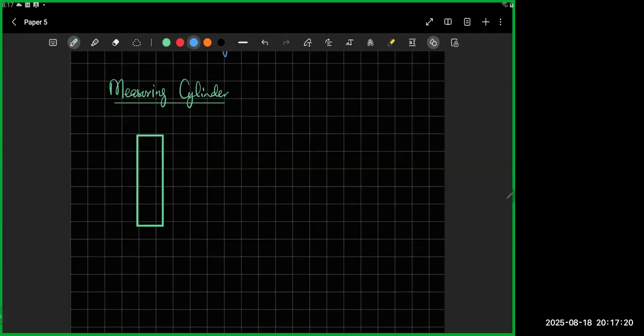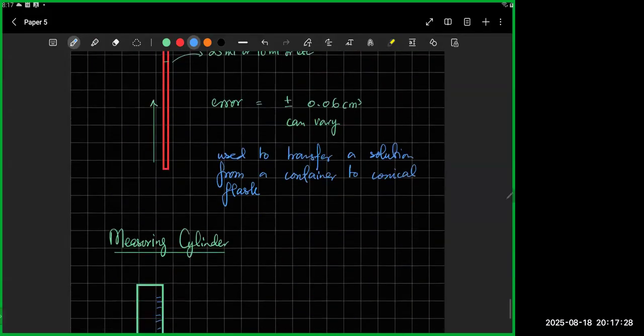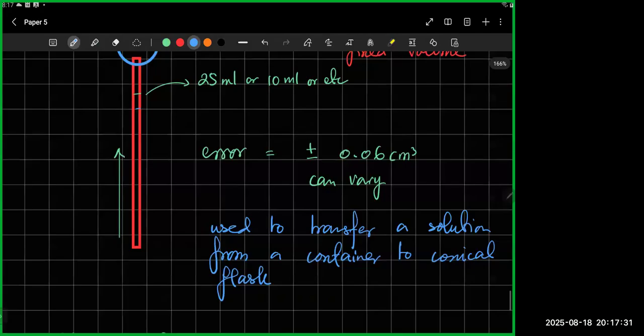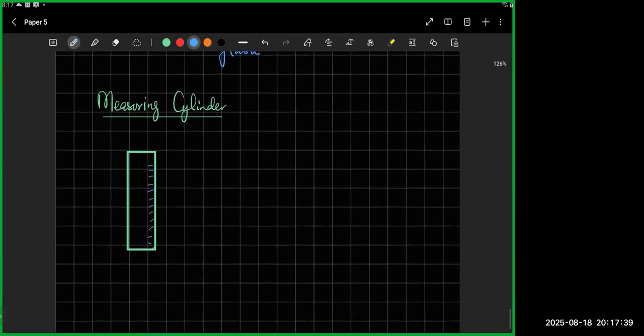A measuring cylinder is a device that has graduations. A lot of times you don't actually have graduations on a pipette, though some do. Similarly, you've got a measuring cylinder, and its issue is that it's not accurate, but it's very fast.